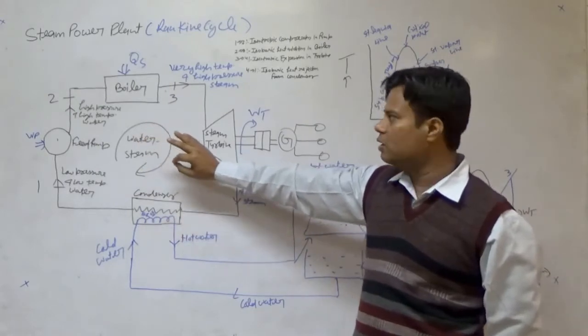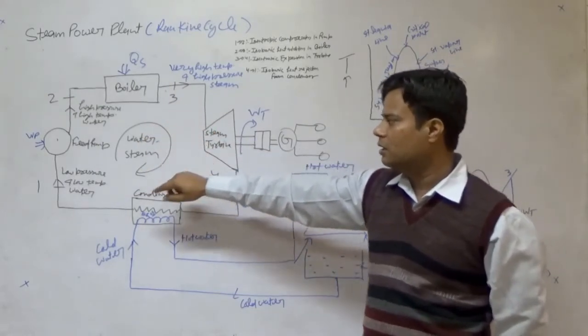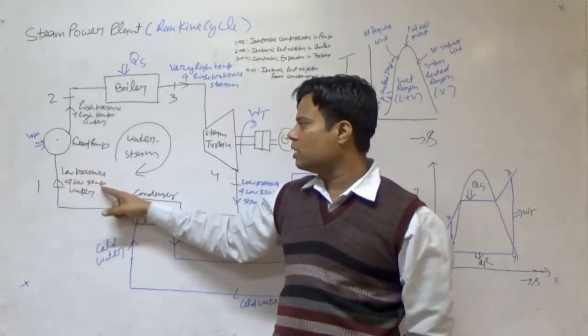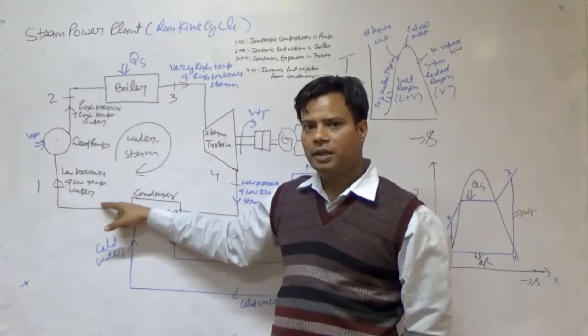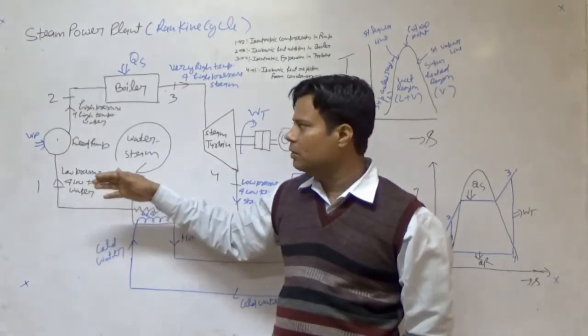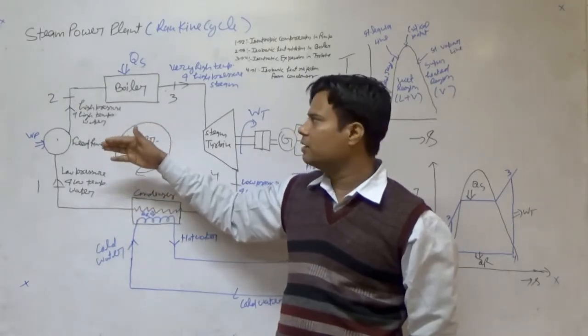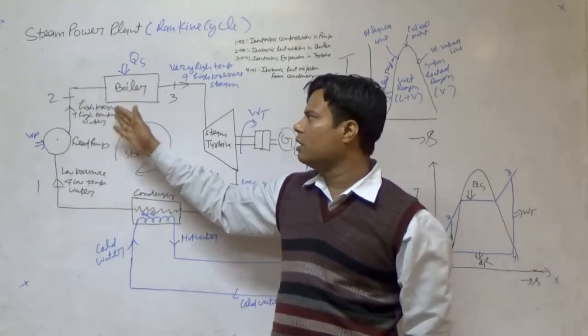The working principle of this steam power plant is that at state 1, low pressure, low temperature water enters the feed pump. The pump compresses this water, and this water is received by the boiler.